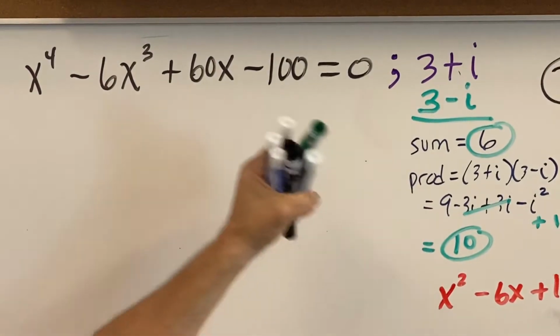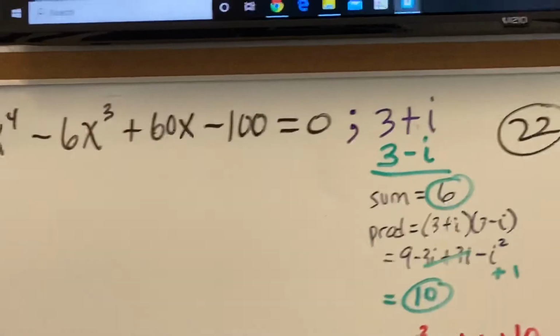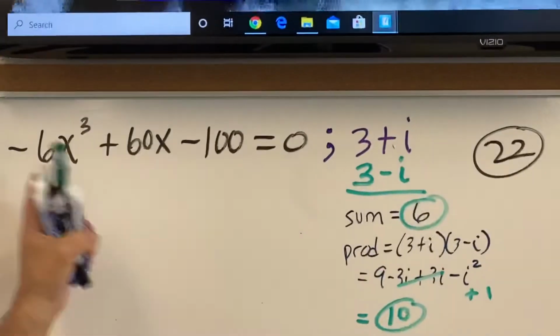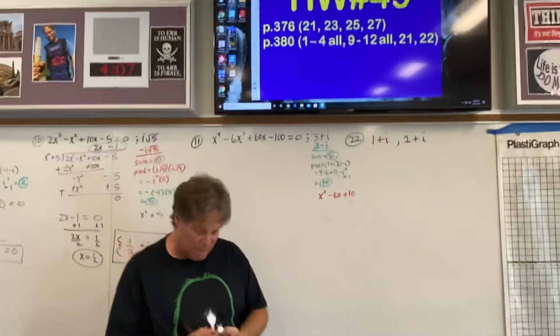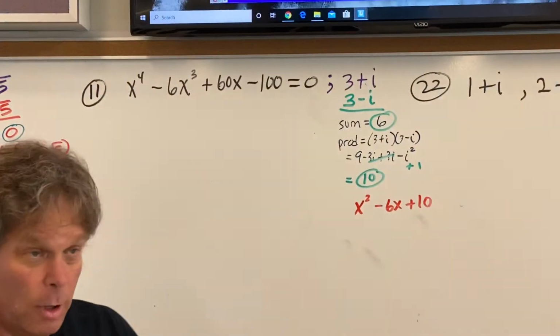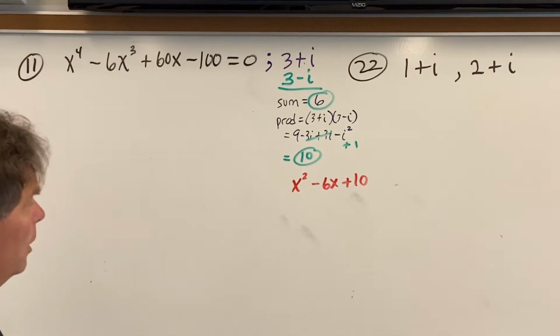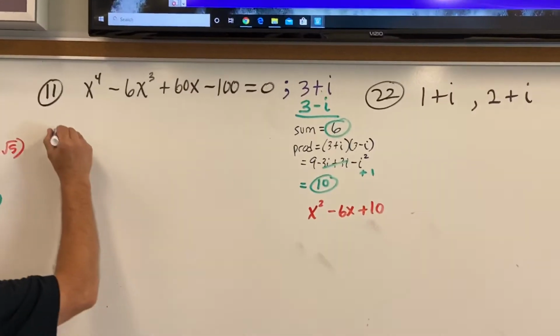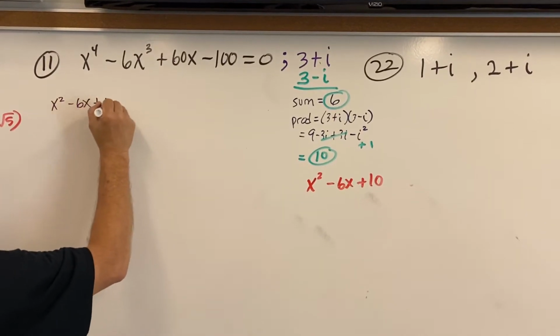Guess what? This polynomial also contains those 2 roots. So that means that if I divide this by this, it should go evenly, and I will be able to figure out the other 2 roots. So here's how it works. On the outside, x squared minus 6x plus 10.